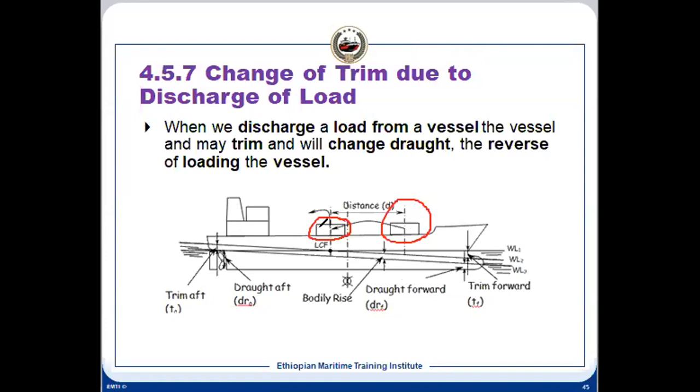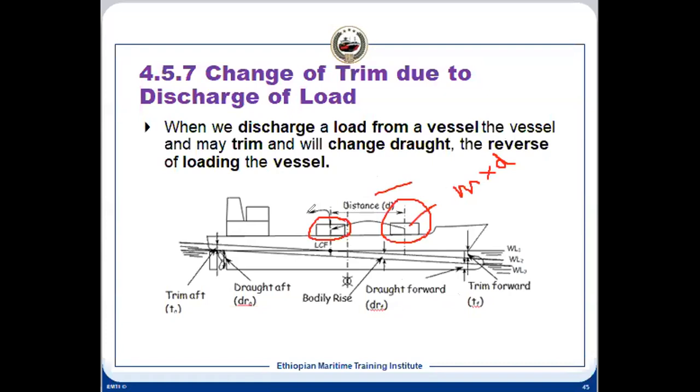So once we have shifted here, what will happen to the ship? There will be a trim because now there is a trimming moment. This mass is known to us and the distance it is moved, that is known to us. So M multiplied by D is our trimming moment, because it was here, it has shifted here.